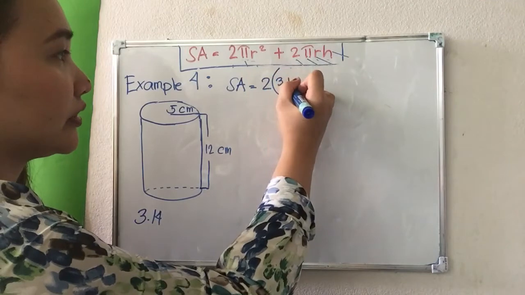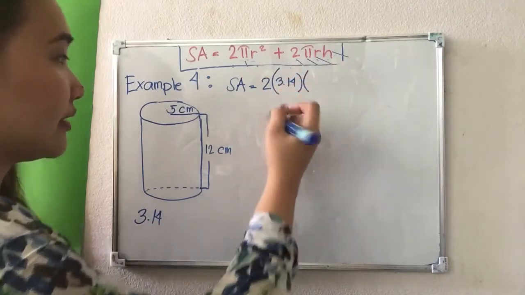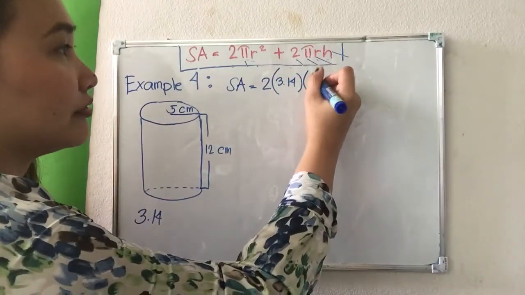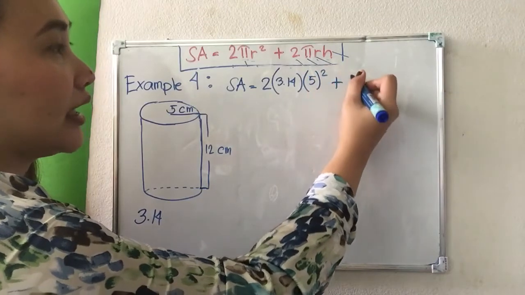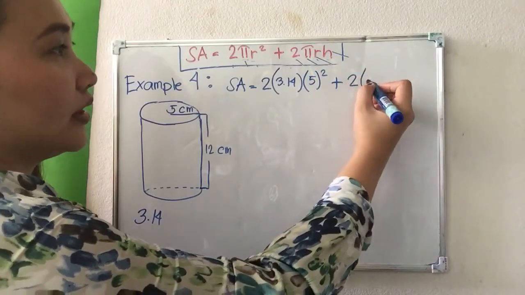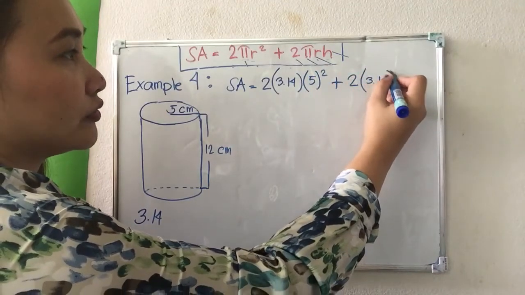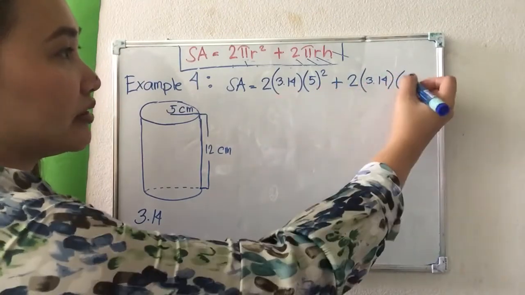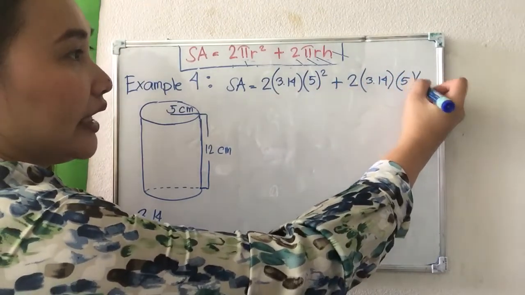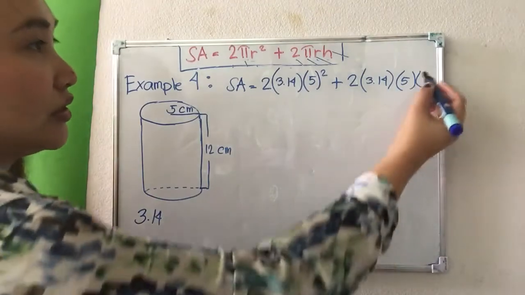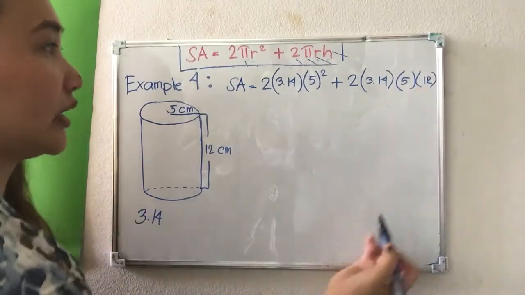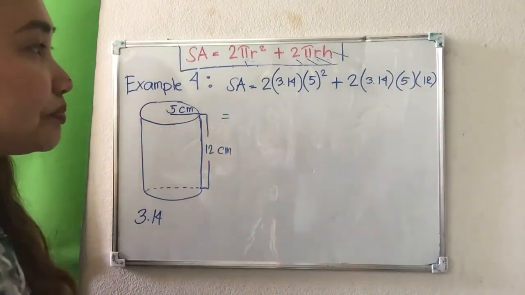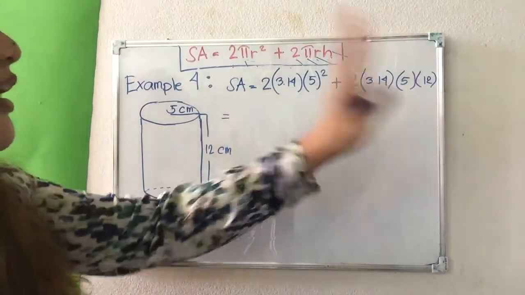So 3.14 times, what is the radius? 5 squared plus 2 times 3.14 times the radius 5 and the height is 12. Let's continue and simplify this one.